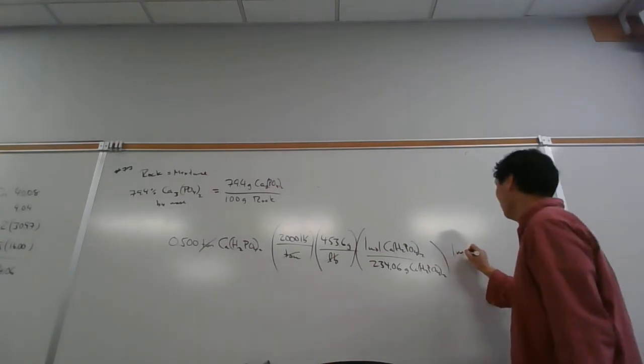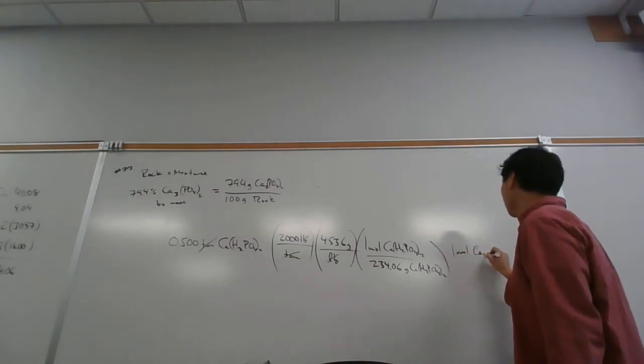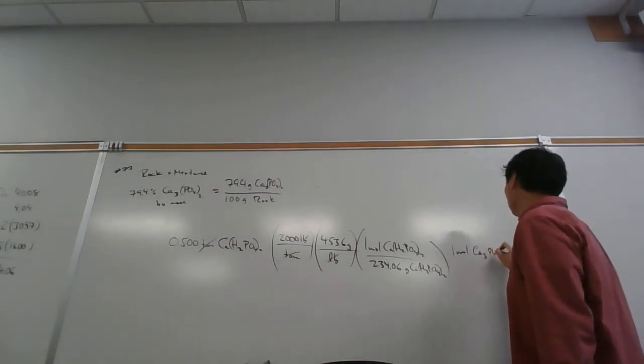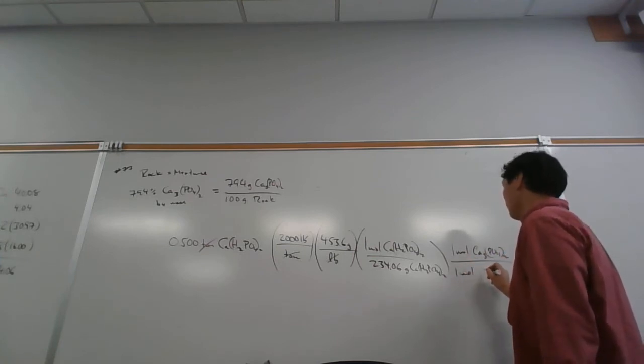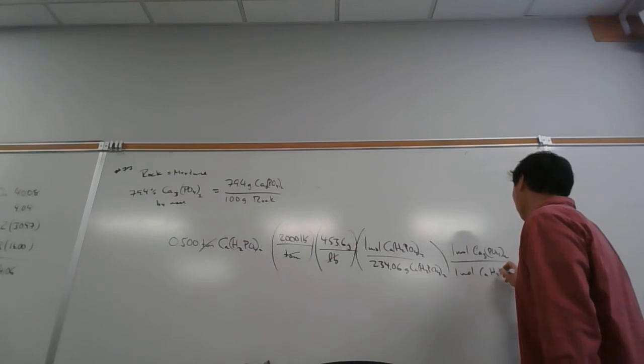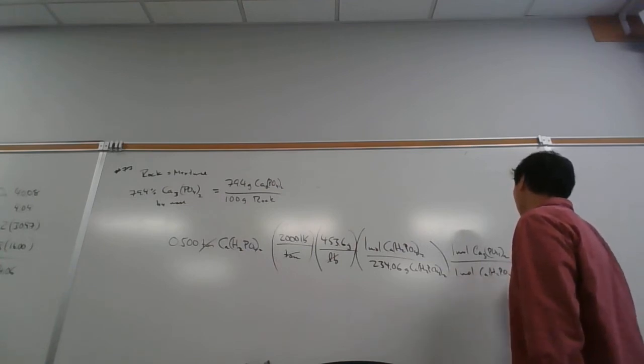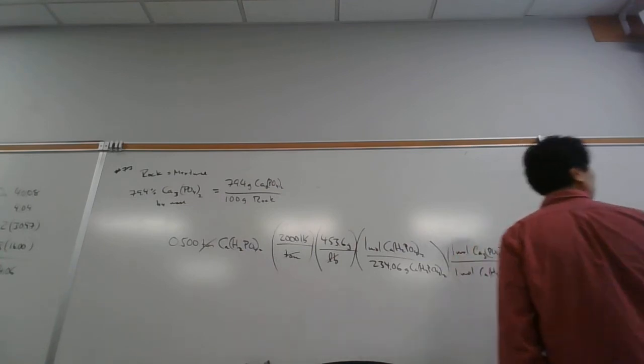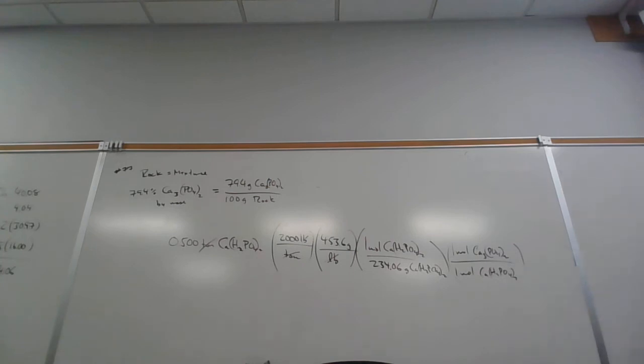So 1 mole of calcium phosphate for every 1 mole of calcium dihydrogen phosphate. And then I'm going to go to grams of calcium phosphate. Let's see, the molar mass of calcium phosphate online. Let's try it.